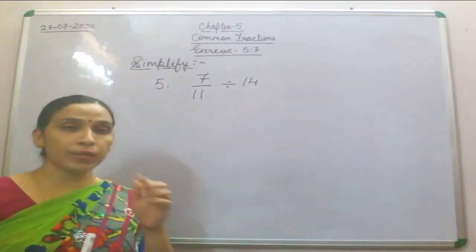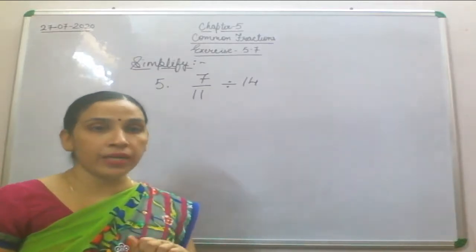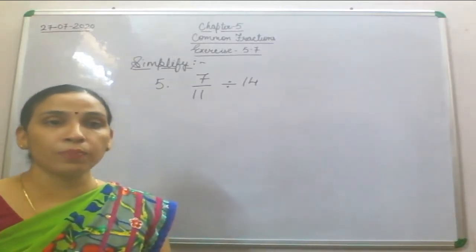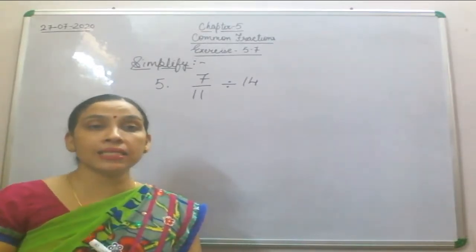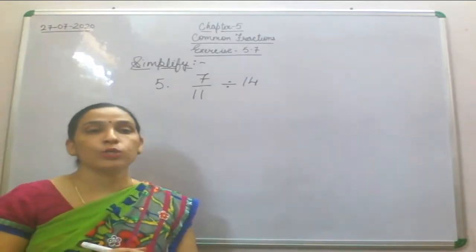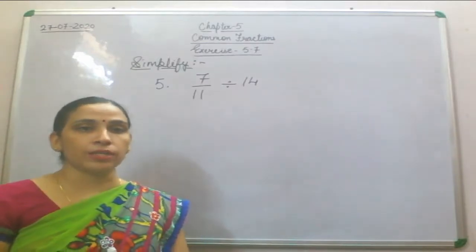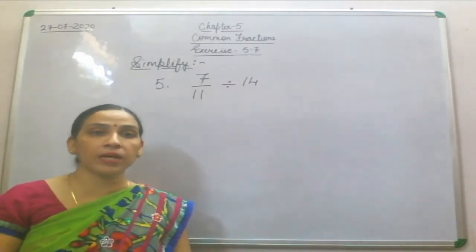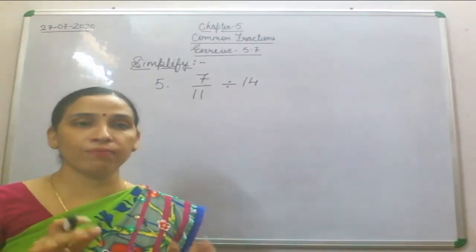Now here again you can see 7 by 11 is a proper fraction. Fine. Now what are proper fractions? Proper fractions are those fractions which have a lesser numerator, the numerator is less than the denominator. So that kind of fraction is called a proper fraction. Now here we have 7 by 11 divided by a whole number, that is 14.